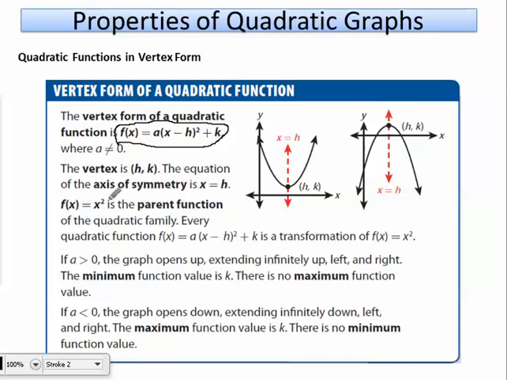The parent function in this situation is f of x equals x squared. That goes through the origin and points up like that, okay? So the h and the k tell you how far it's moved to the right and up. Those are the two values that are going to be your shifters going that direction.